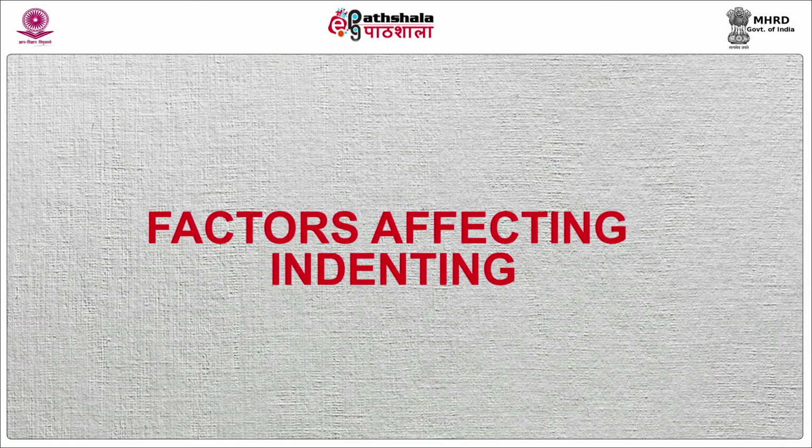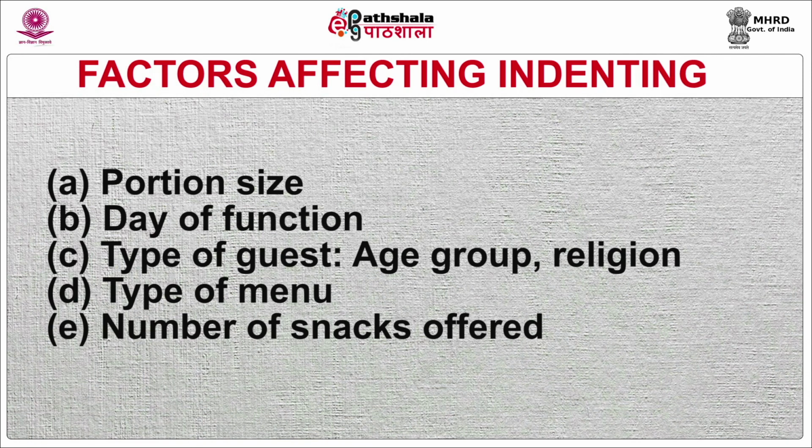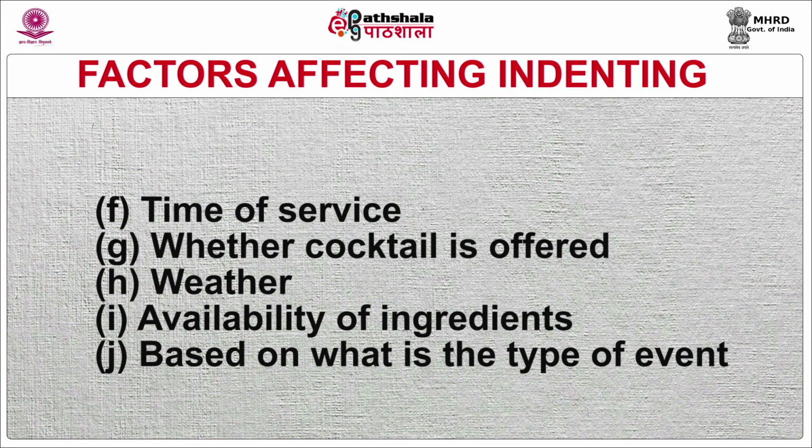Factors affecting indenting: portion size, day of function, type of guest, age group, religion, type of menu, number of snacks offered, time of service, whether cocktail is offered, availability of ingredients, and the type of event.